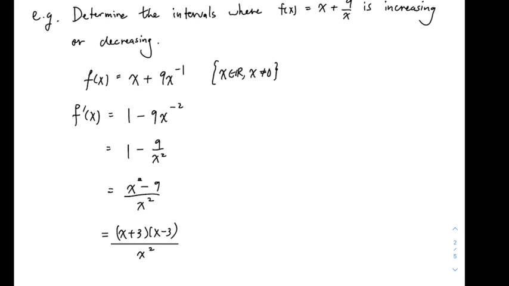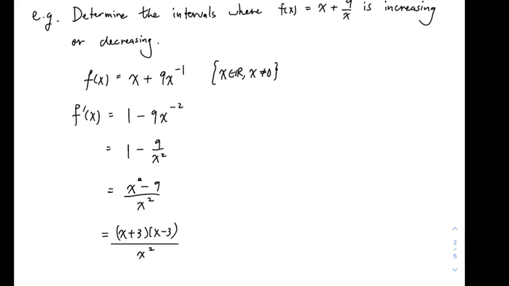Okay, and then that's it. Now, this is very important to do. Number 1, I took the derivative. But number 2, I rewrote the derivative with positive exponents, combined it into a single fraction, and factorized.